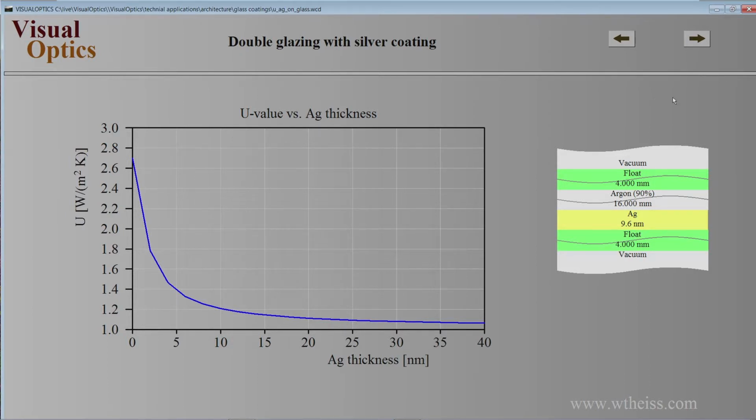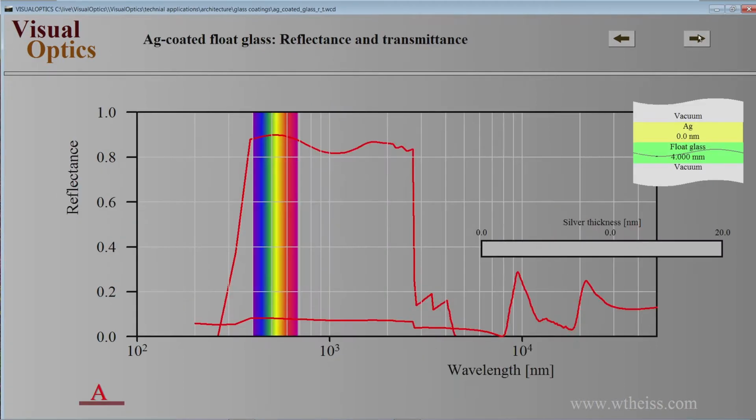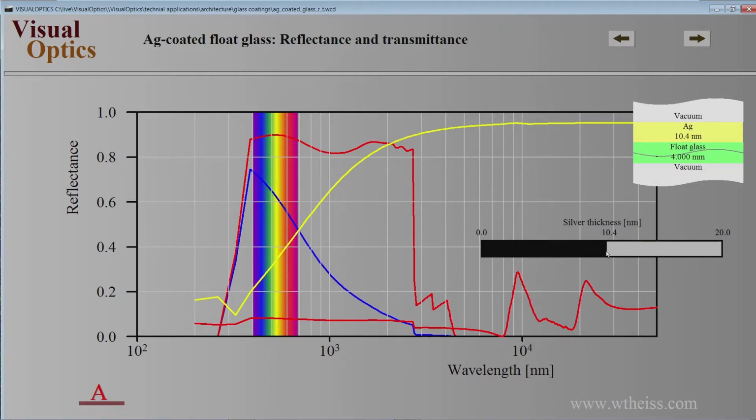So, problem solved. Unfortunately, not completely. If we take a look at the reflectance and transmission curves once more, now in the visible and the near infrared, and we introduce our silver layer, let's say 10 nanometers, you can see that the reflectance here in the infrared goes up.